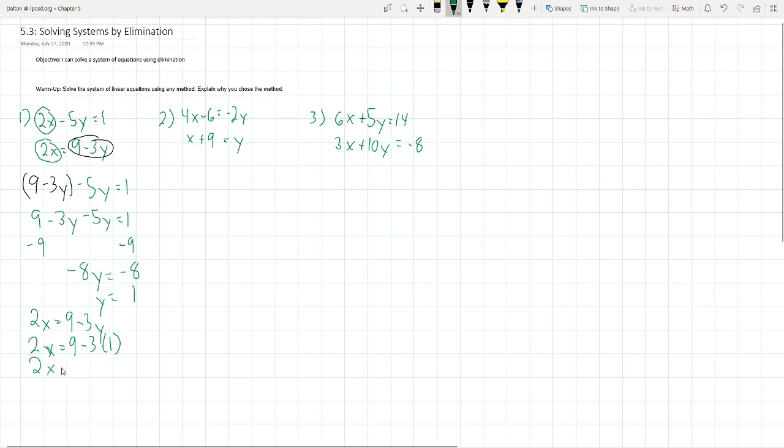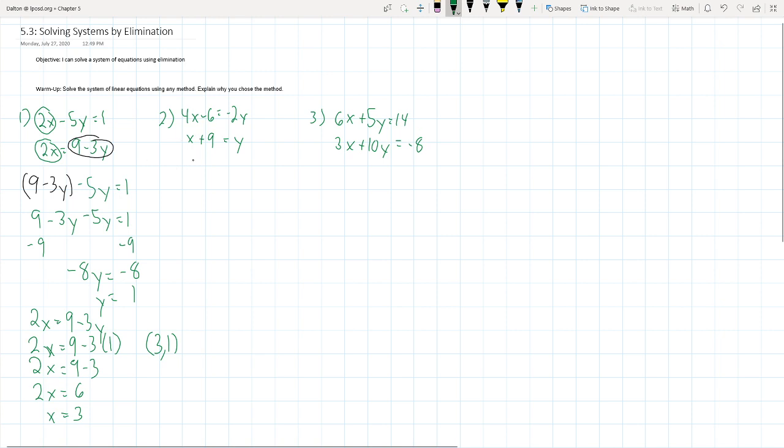So I get 2x equals 9 minus 3. 2x equals 6. x equals 3. So my ordered pair is (3, 1). If you plug that in, you'll find out that these are actually true statements.